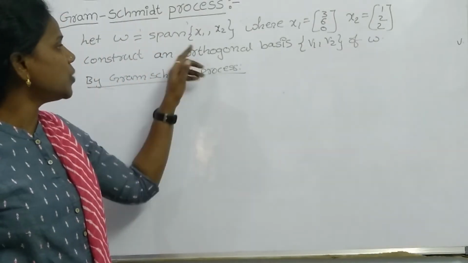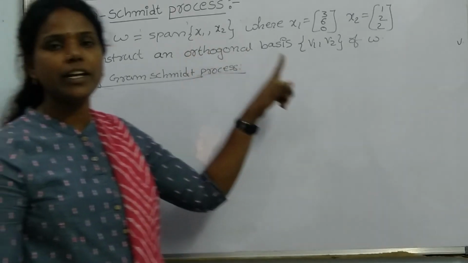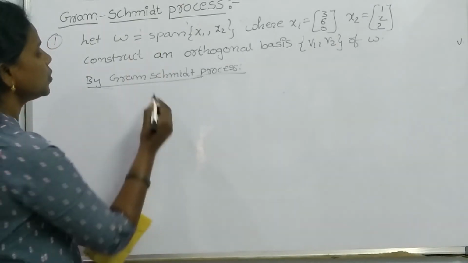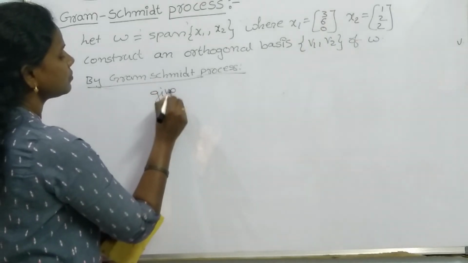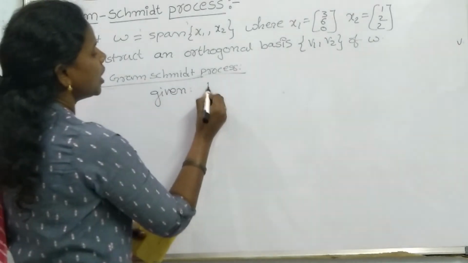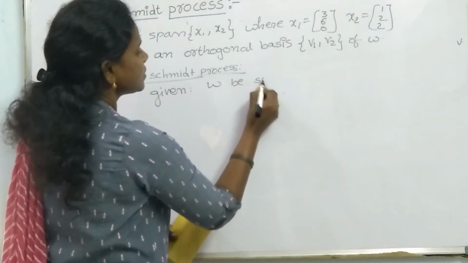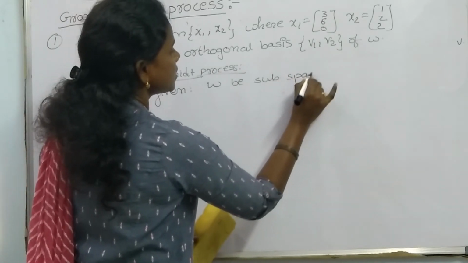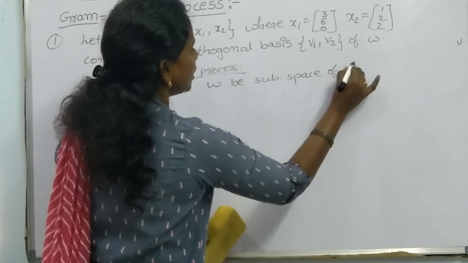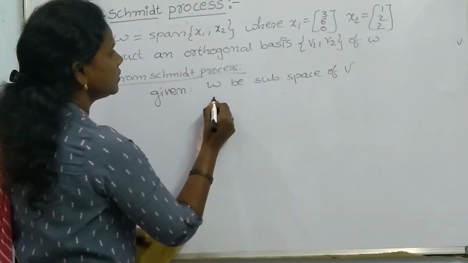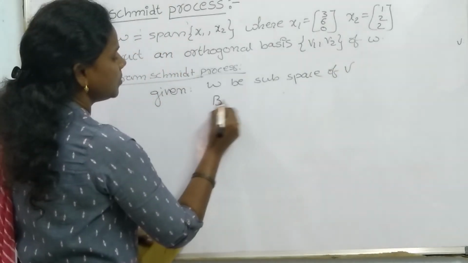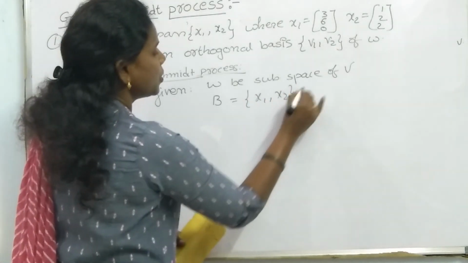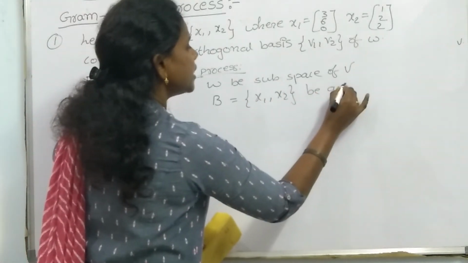So when x1 and x2 are a spanning set and linearly independent, we can take it as a basis of W. So given, W is a subspace of V and B equals x1, x2 is a basis.